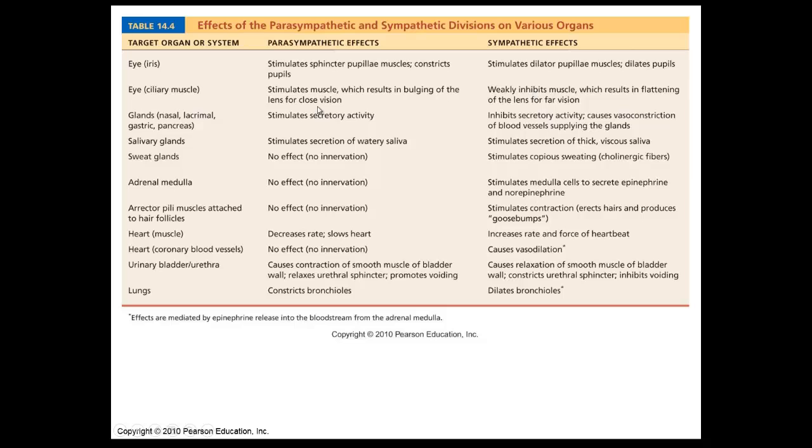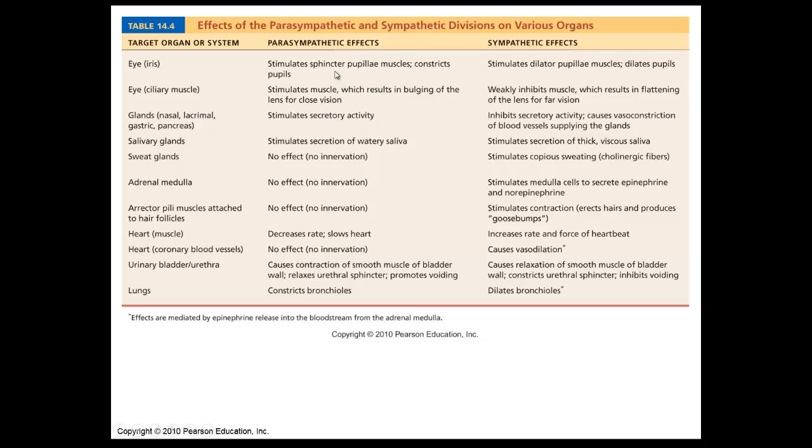And recall that the organs that do not have parasympathetic neurons are the sweat glands, adrenal medulla, and the erector pili muscles, and also the blood vessels, the coronary blood vessels serving the heart. In all the other cases, all those organs have parasympathetic neurons and sympathetic neurons.